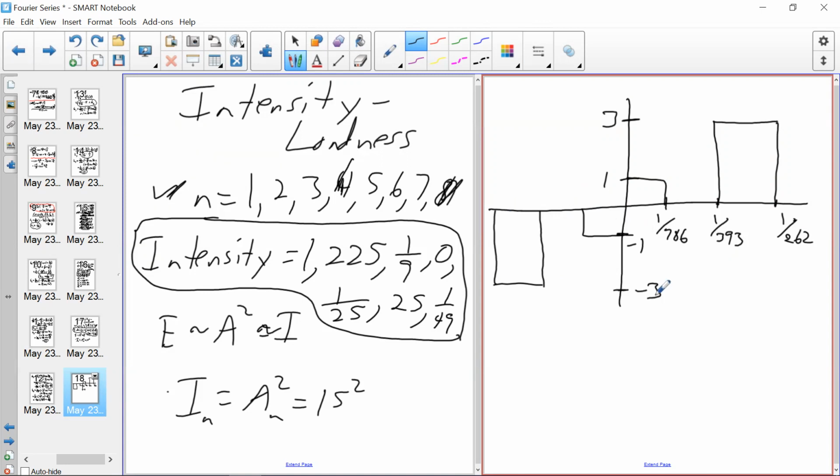Okay. And then this one here, 1 over 262. So this is 1 over 786.